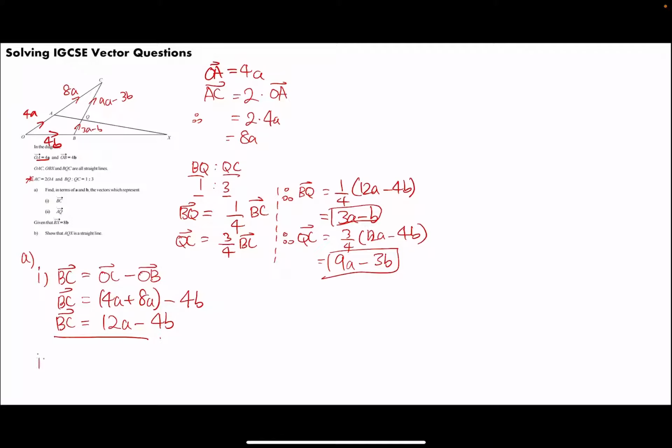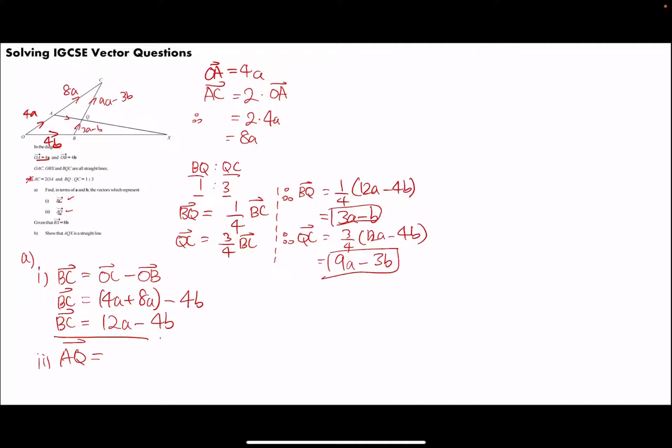So now we'll start with part ii, which is AQ. We need to know QC, but as we already found QC, it makes it so much easier. If you just label all the sides, you don't have to keep finding them again and again.